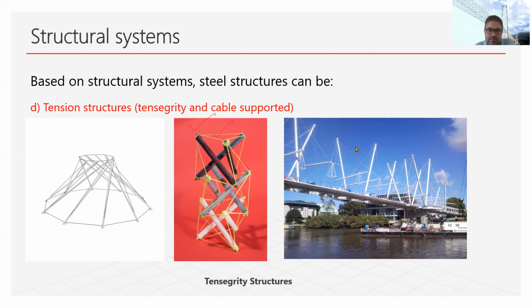The basic form of this structure is carried by the tensile cable. As an example, you can see this bridge is supported using a tensegrity structure. In these structures, the struts carry the compression force, and the cable arrangement along with them delineates the shape of the structure.